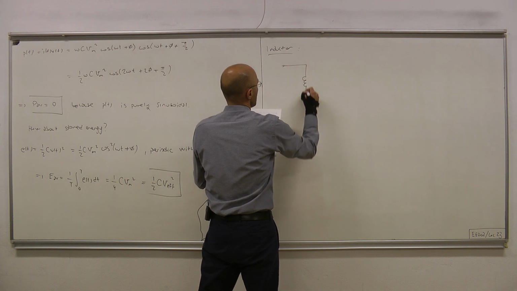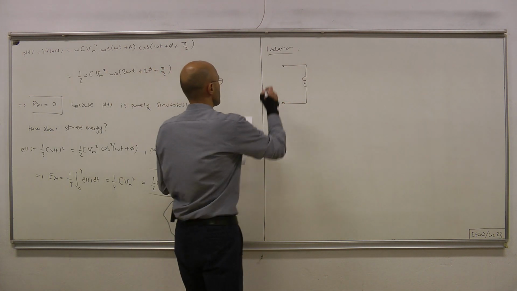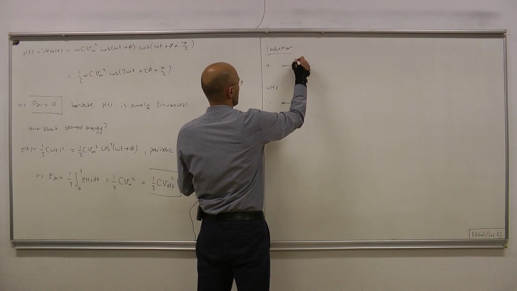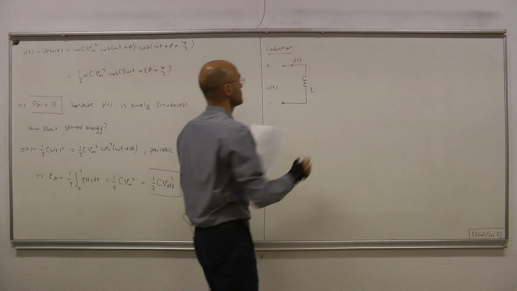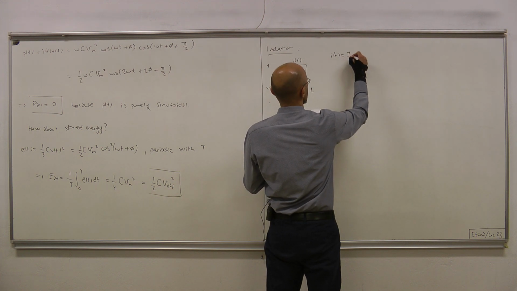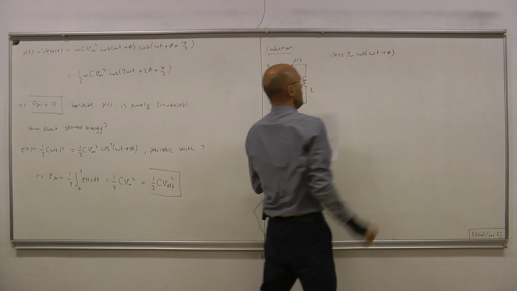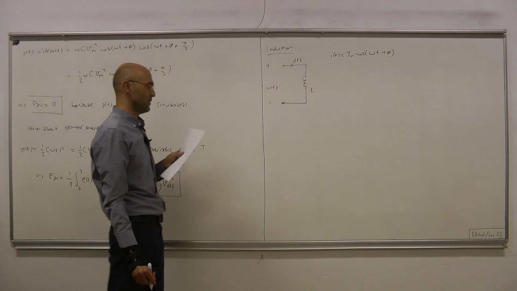So this is our inductor. That's part of a circuit in sinusoidal steady state. V of t, I of t, L, the inductance. I of t equals the following current, some magnitude, and then we have cosine omega t plus phi.